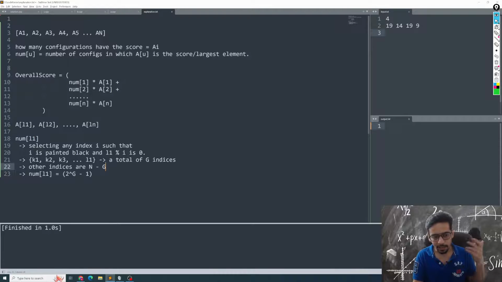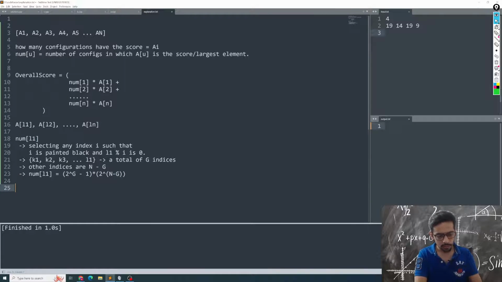Whether they are selected, missed, all of them are missed, all of them are selected, I hardly care. I just need to make sure that one of those G was selected. For the remaining ones, anything is fine. So that would mean any subset, even the empty subset is fine. That is, nothing is getting painted black, or all of them are getting painted black. So 2 to the power n minus G.